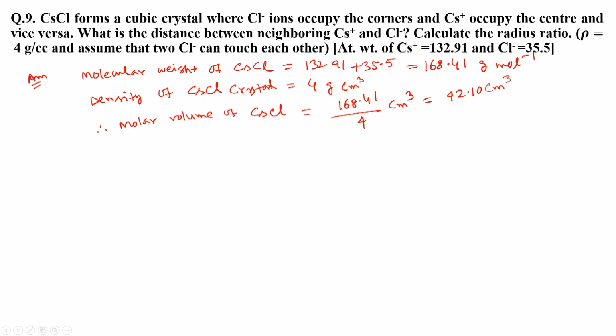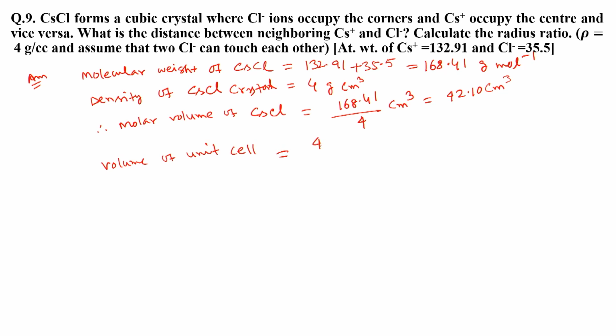This is the molar volume of CsCl. Now the number of atoms of CsCl, or volume of unit cell of CsCl first. Okay, so volume of unit cell. So first we calculate volume of unit cell.